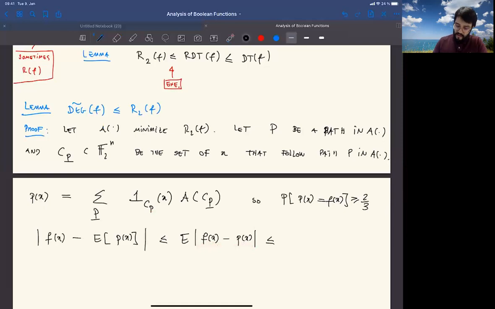So this is exactly equal to the probability of F being different from P, which we do know is less or equal than 1/3 because of that. So we just created a polynomial that approximates F, which is this polynomial here, within 1/3, and that's why we got this inequality.